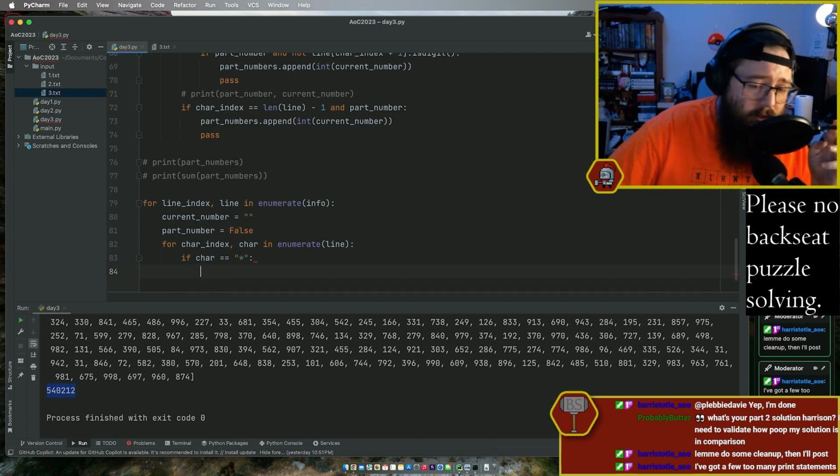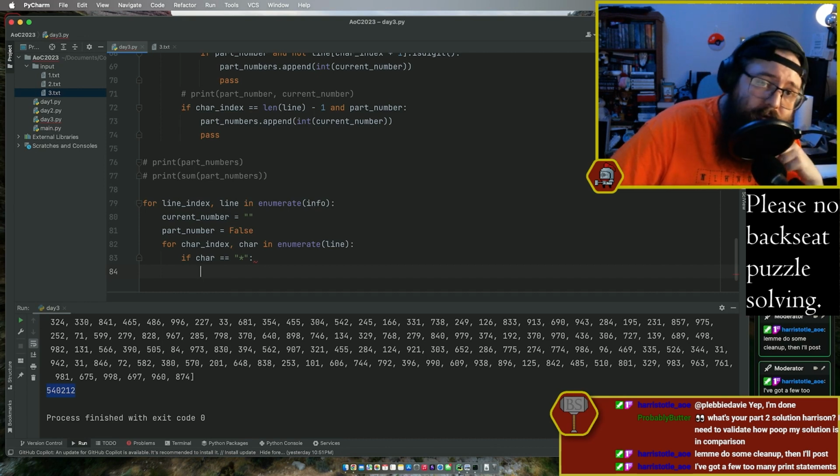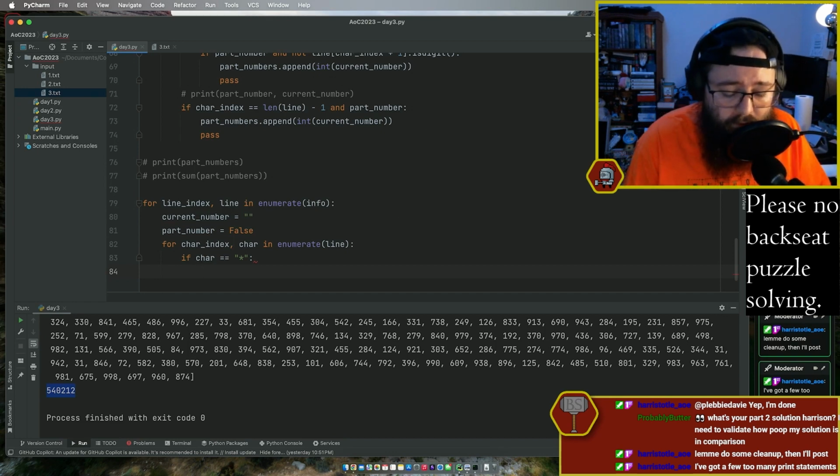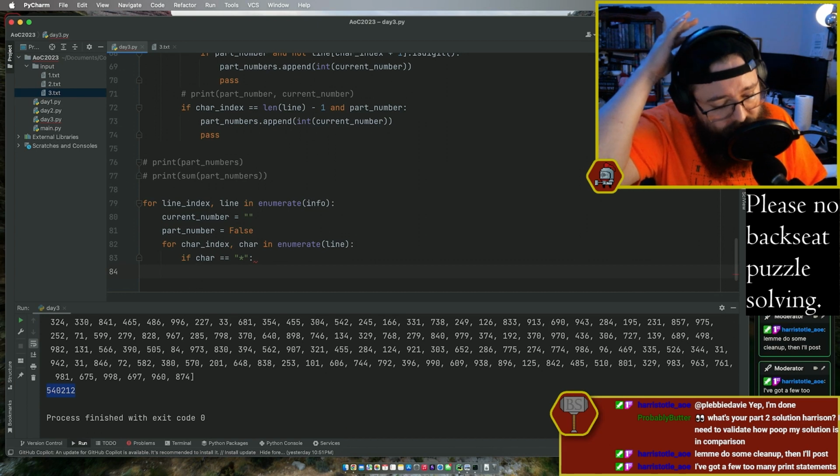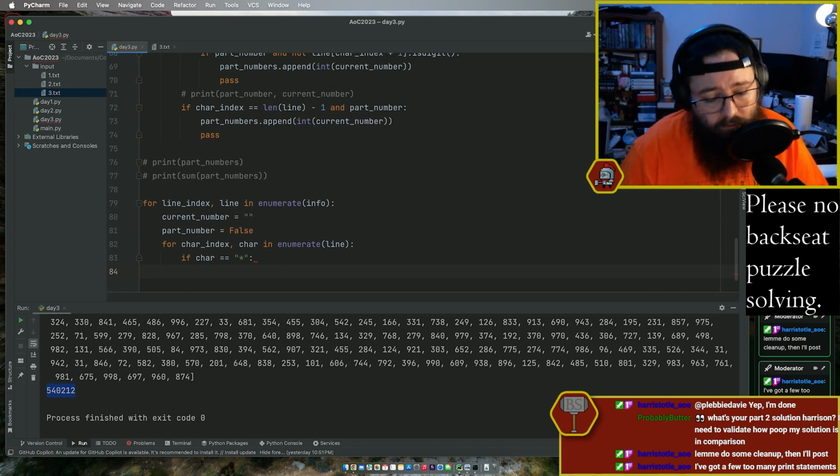And we only have to worry about looking at the line around here. Just need to make sure that there's not... But then we also need to grab the entire number.